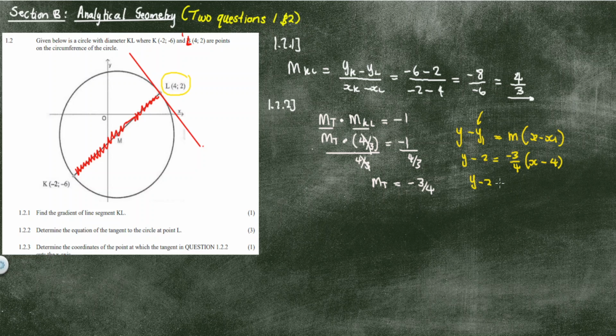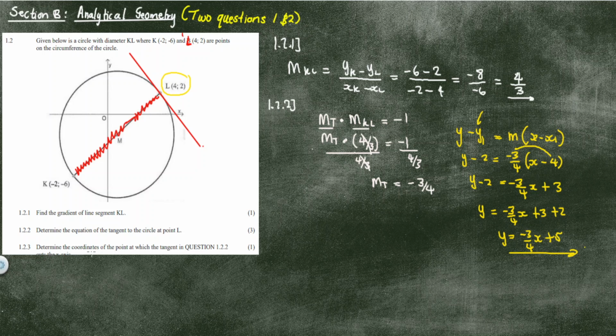So it's y minus 2 equals minus 3 over 4 x, then plus 3 when we multiply minus 3 over 4 with 4. Then y equals minus 3 over 4 x plus 3 plus 2. So y is equal to minus 3 over 4 x plus 5. This is the equation for the tangent at point L.